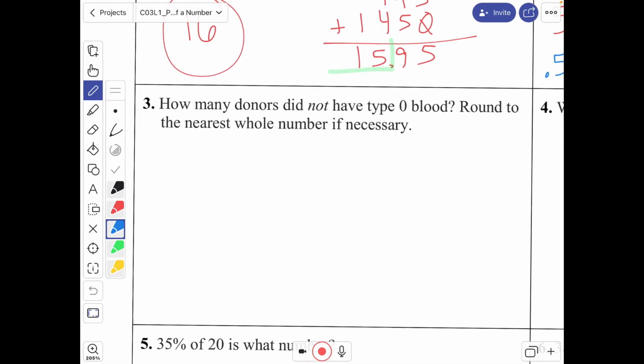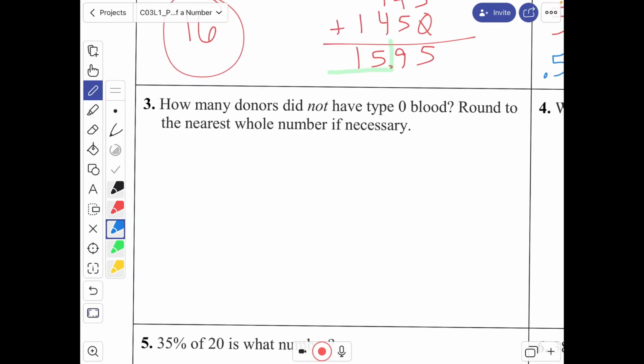Number 3. How many donors did not have type O blood? Round to the nearest whole number if necessary. Now there's 2 different ways we could do this. We could add up all of the ones that aren't O. That would be A and B and AB.